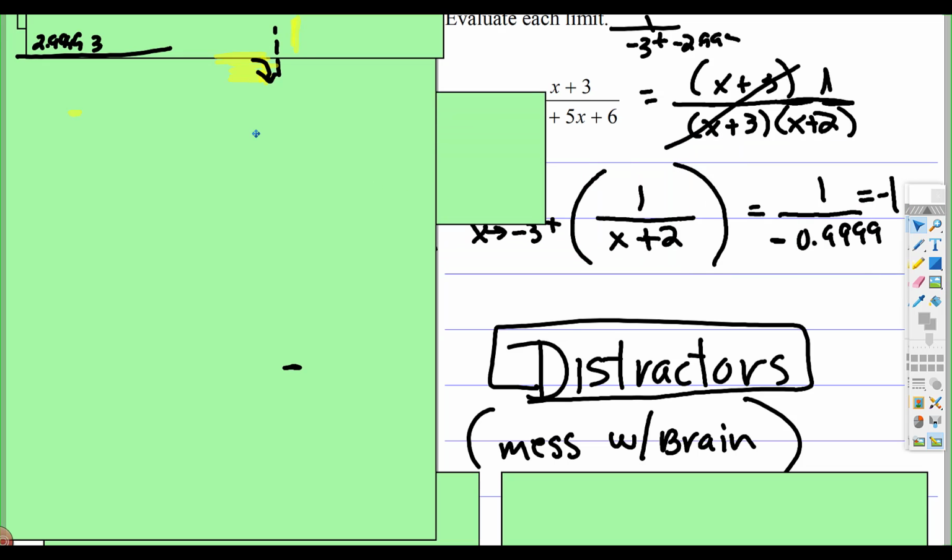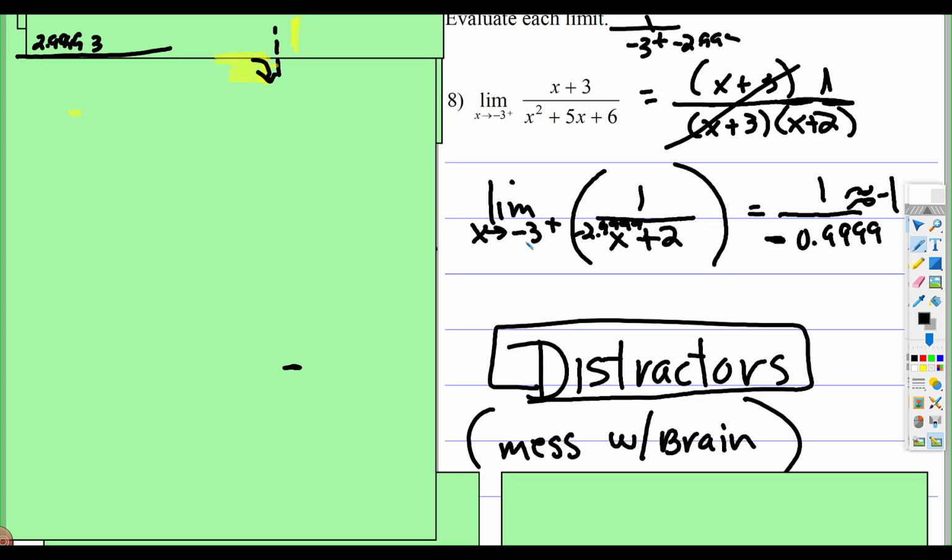But watch, when we plug in, well, actually I do want you to still do that. Negative 3 from the right would be negative 2.9999 plus 2, which leaves you negative 0.9999. Well, when you do 1 divided by that, you are really, really close to a height of negative 1.